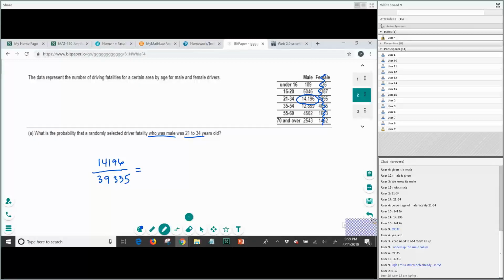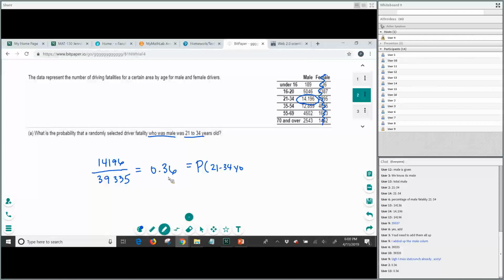And if we go ahead and type in that fraction to our calculator, what do we get for the probability? We get 0.36. So the probability that a randomly selected driver who was male was 21 to 34 years old is going to be 0.36.